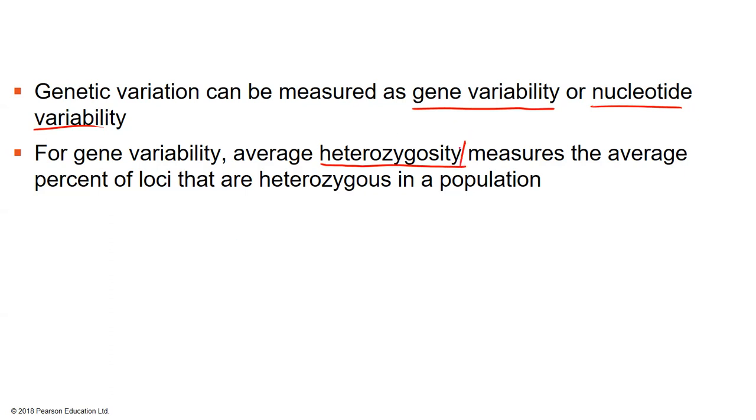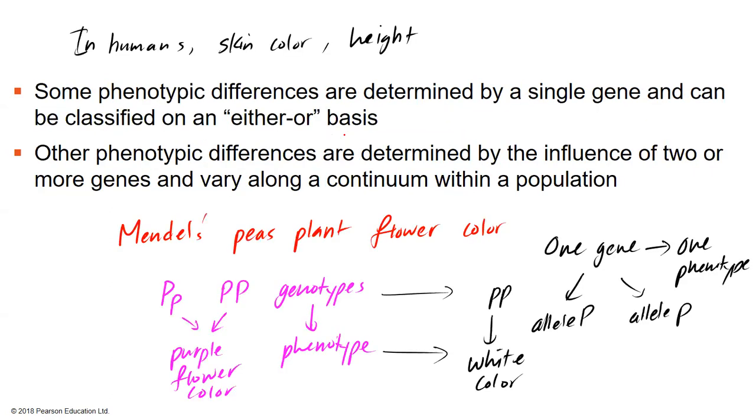So heterozygosity means, for example, this genotype is considered homozygous, because both alleles are the same. Here we have, this genotype is also homozygous.